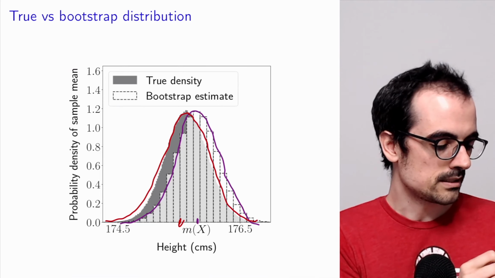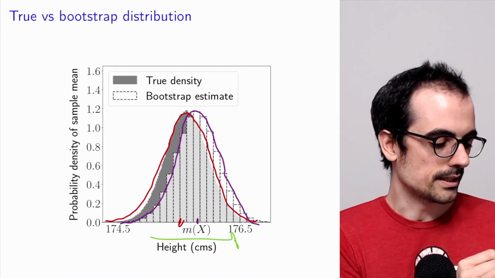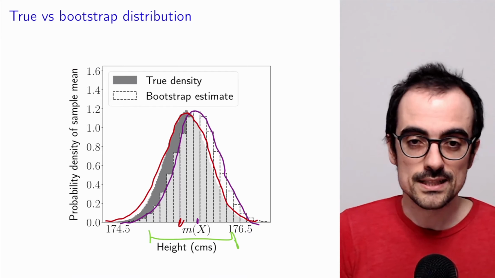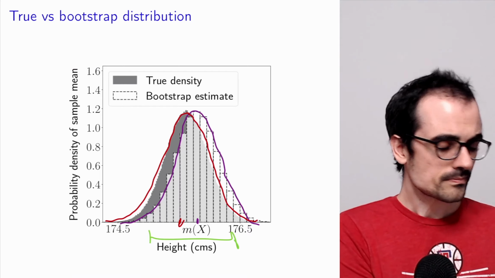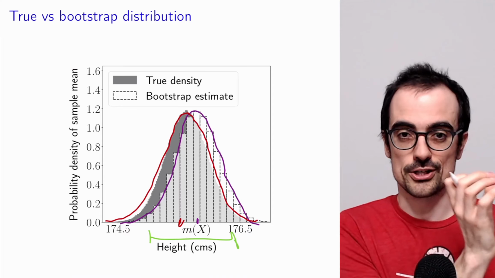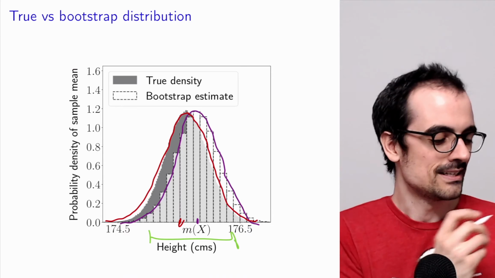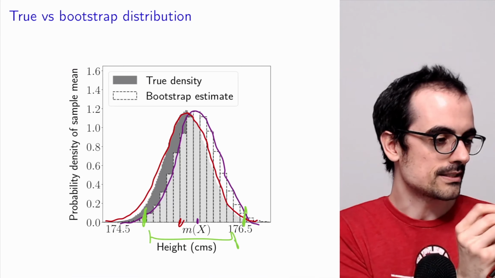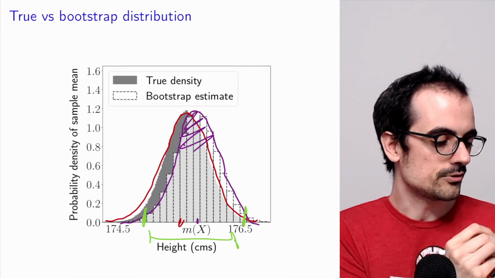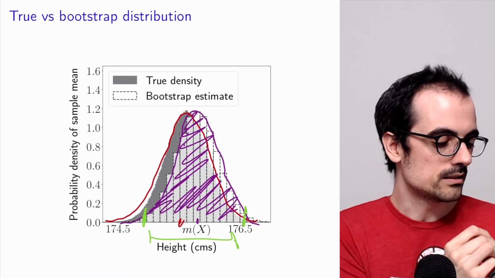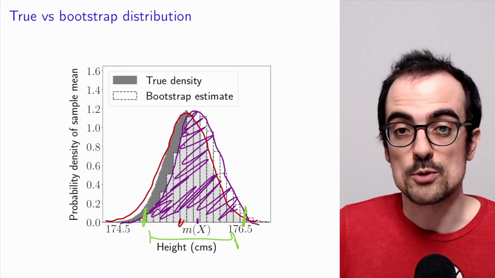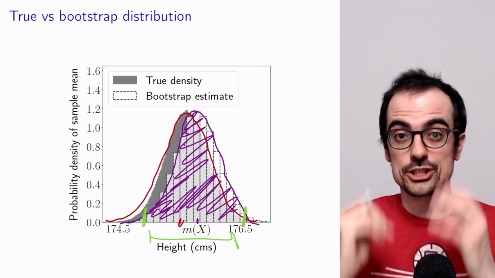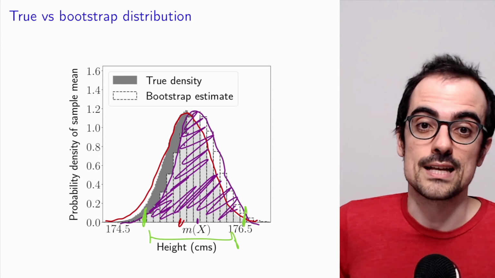What we want is an interval around the sample mean that contains the population mean with high probability. Because this distribution is approximately the same distribution but shifted, we can just take an interval that contains 95% of this distribution, and that's going to contain the population mean with high probability if it is true that the bootstrap distribution is just a shift of the distribution of the original estimator.